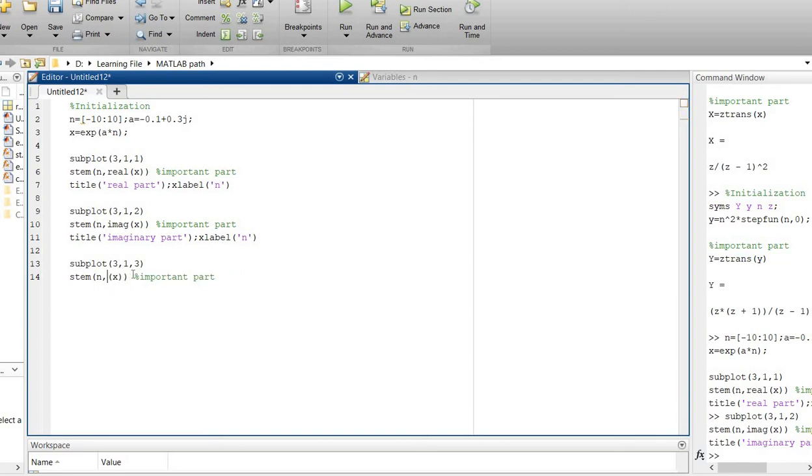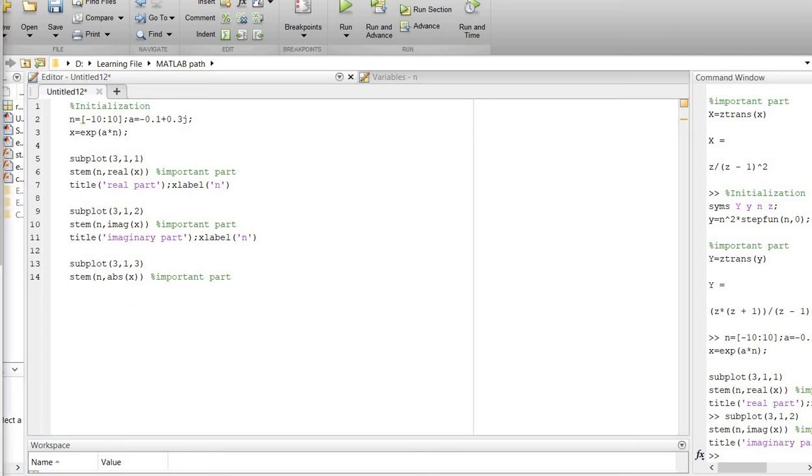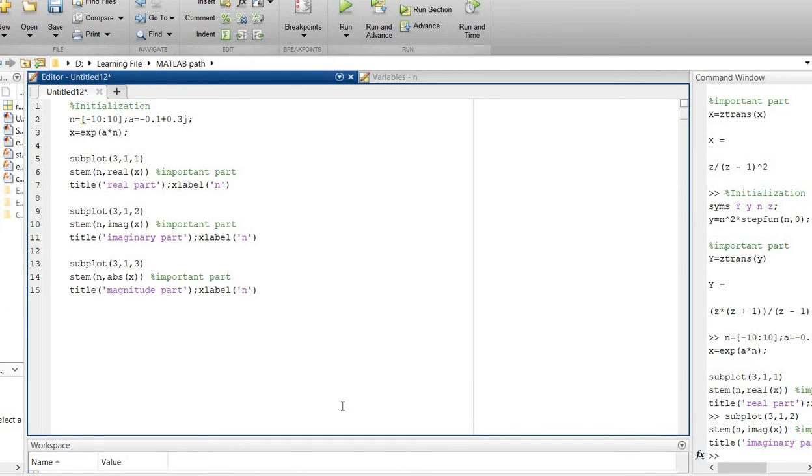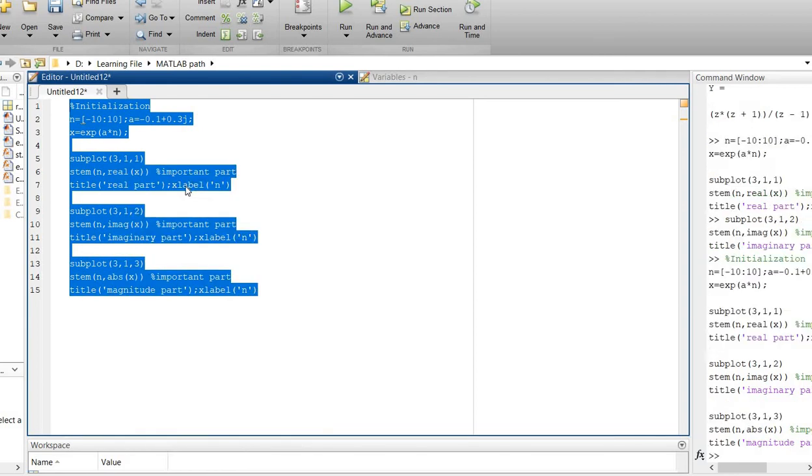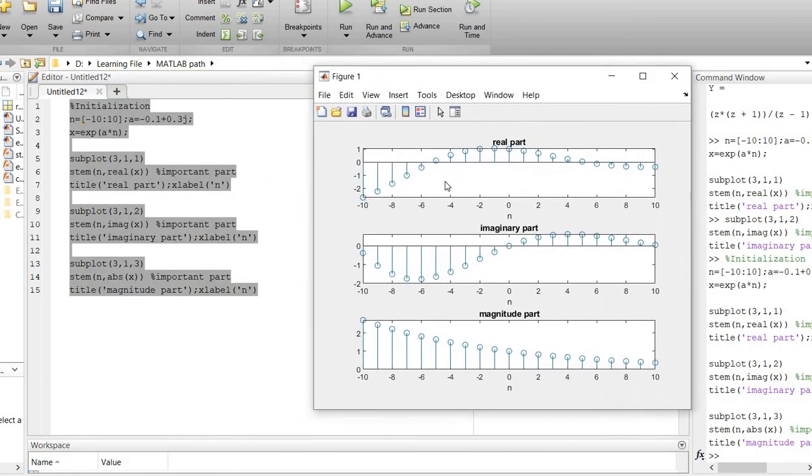So take note of those and also pay extra attention to those parts. And this is for the label. Okay. So far so good. So let's try to run this. Okay, so that's it. So this would be the real part of our equation, and this would be the imaginary part, and this would be the magnitude part.